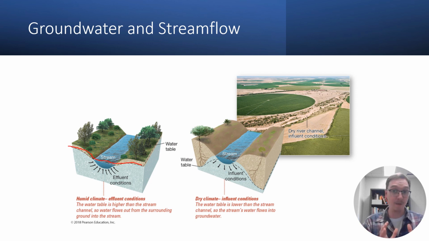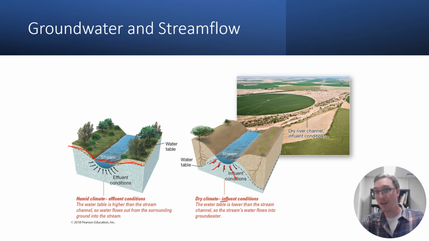So it's adding flow to the river. So in the effluent case, you're adding water through base flow, which is kind of seeping through the soil into the stream. In an influent, IN, in a dry climate with an influent condition, you're losing water, as we see by our arrows here, to the groundwater zone. So it's flowing out of the stream.